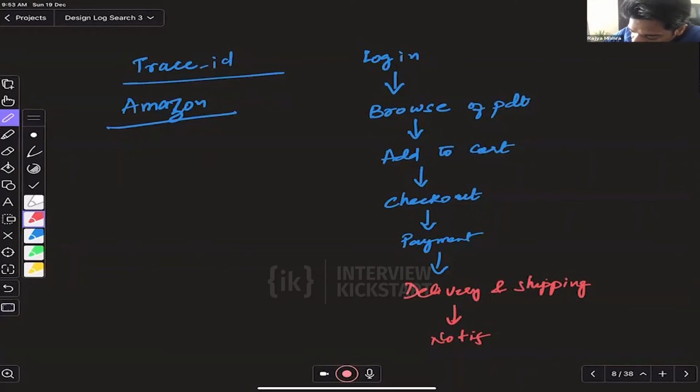So this login could be done by some kind of account service. This browsing could be done by some kind of product service. Add to cart could be the cart service. This is your checkout service. This is your payment service. This is your shipping service. This is your notification service, right?